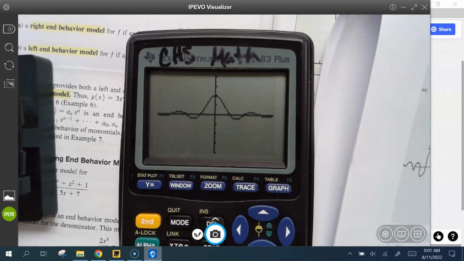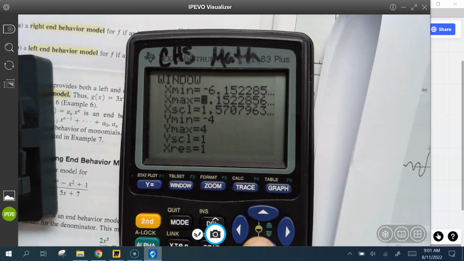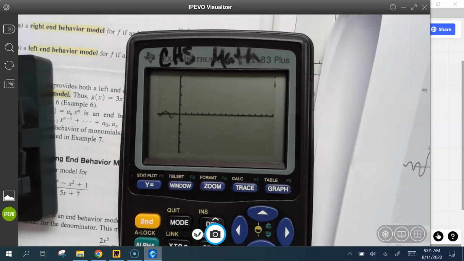Let me go out further on both sides. Well, we're going to infinity, so let me take it out. Let's take that x max out to, right now it's 2 pi. Let's take it out to 8 pi. Okay, so can you cross the horizontal asymptote?